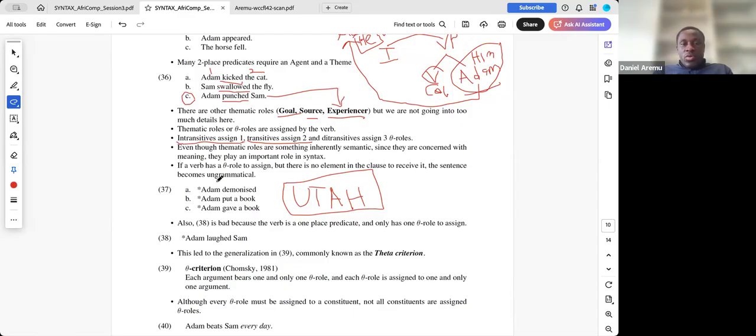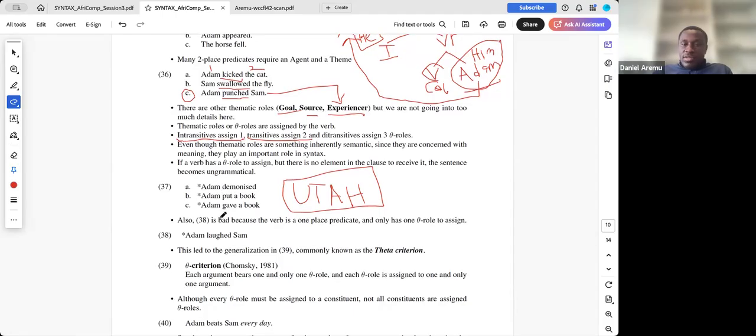So even though thematic roles are inherently semantic, because they are concerned with meaning, right? With what we've seen, like who is doing what, what is being done to someone, where an action is taking place, or who is receiving what. In a way, it has semantics with it. But we know that they play an important role in the syntax, and we can see that with 37.